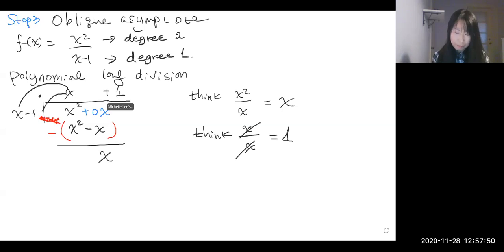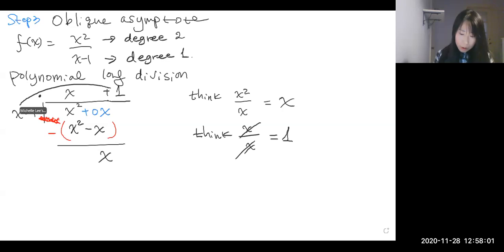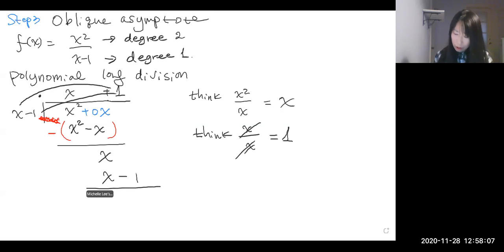That's the constant term. Now we multiply again. First term, which is x, second term, which is -1. We subtract. Then we get +1. This is the remainder.